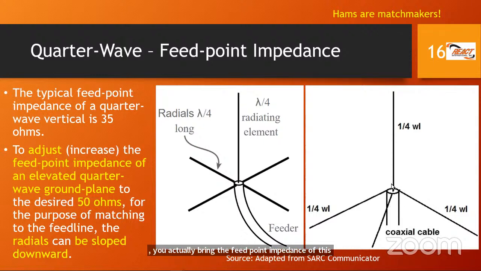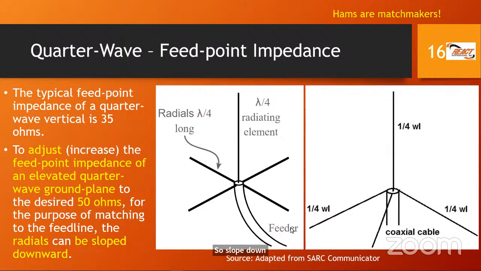And that's why you'll see some ground plane antennas having the radials sloped like this, sometimes at a 45-degree angle, for example, right? And that's the point of this bullet point, and it's an exam question. So slope downwards to increase the impedance to match the 50 ohms, which is what your feed line wants and your radio wants.